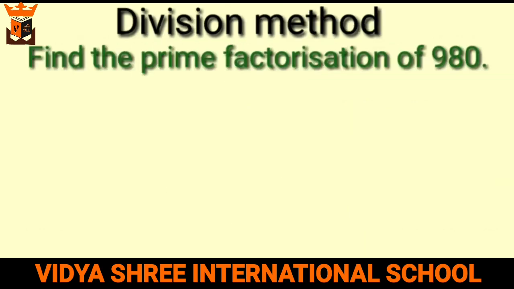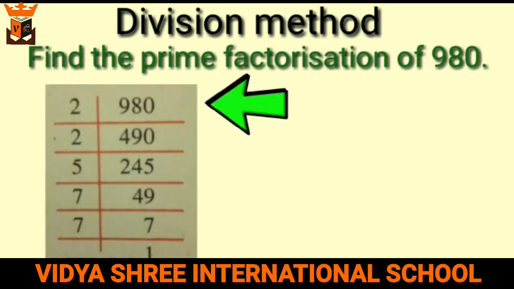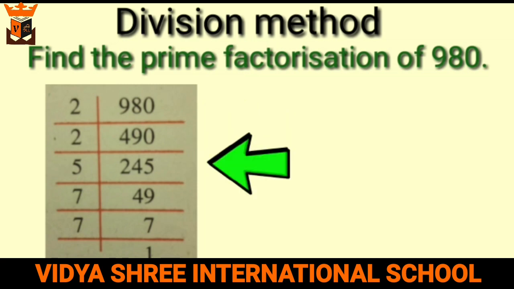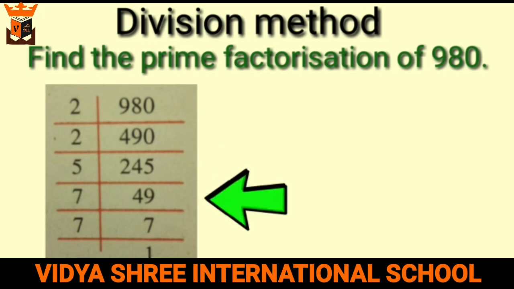Now find the prime factorization of 980 by the division method. First of all, we will divide 980 by the first prime number, that is 2. After dividing 980 by 2, we get 490. And 490 divided by 2, we get 245. And 245 divided by 5, we get 49. 49 divided by 7, we get 7.